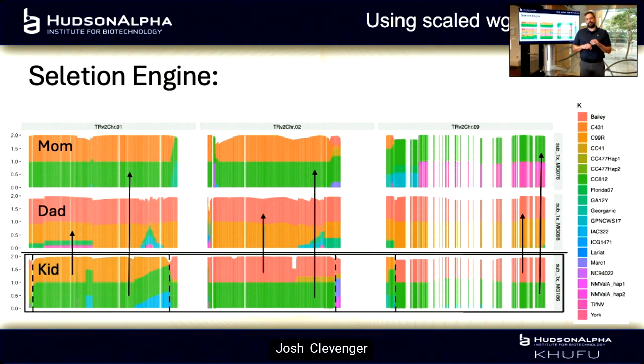Dad is haplotype pink and haplotype light orange. And then one of the progeny of that cross, we've named Kid, which is a very appropriate name because that's what I call my kids, Kid 1 and Kid 2. So you can see very clearly the haplotypes, one from dad, one from mom, and then where recombination happened.